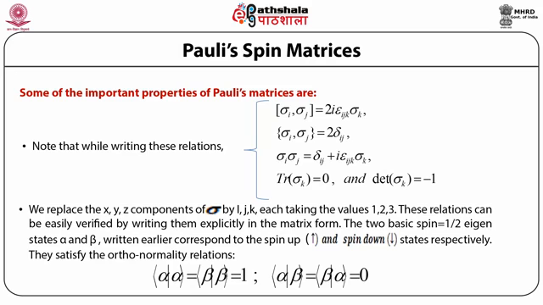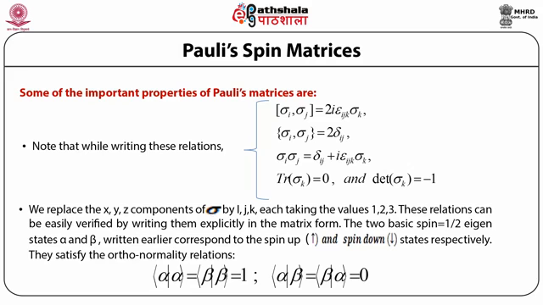The anti-commutation relation of sigma i and sigma j yields 2 delta ij, which means if i is equal to j, then the anti-commutation relation of sigma i and sigma j gives a value 2, and if i is not equal to j, then the anti-commutation relation returns a value 0.